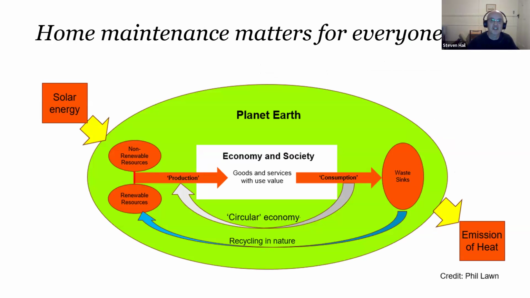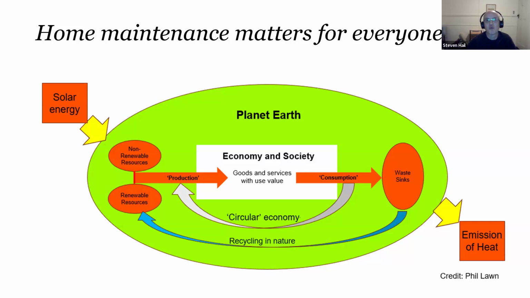This chart is a very important chart. It emphasizes the fact that our economic activity and our society, of course, sits within a finite planet, a finite biosphere, planet Earth, from which we extract renewable and non-renewable resources, which we process in order to provide us with goods and services which give us use value over time when we've consumed those goods and services, and indeed as part of the production process as well.